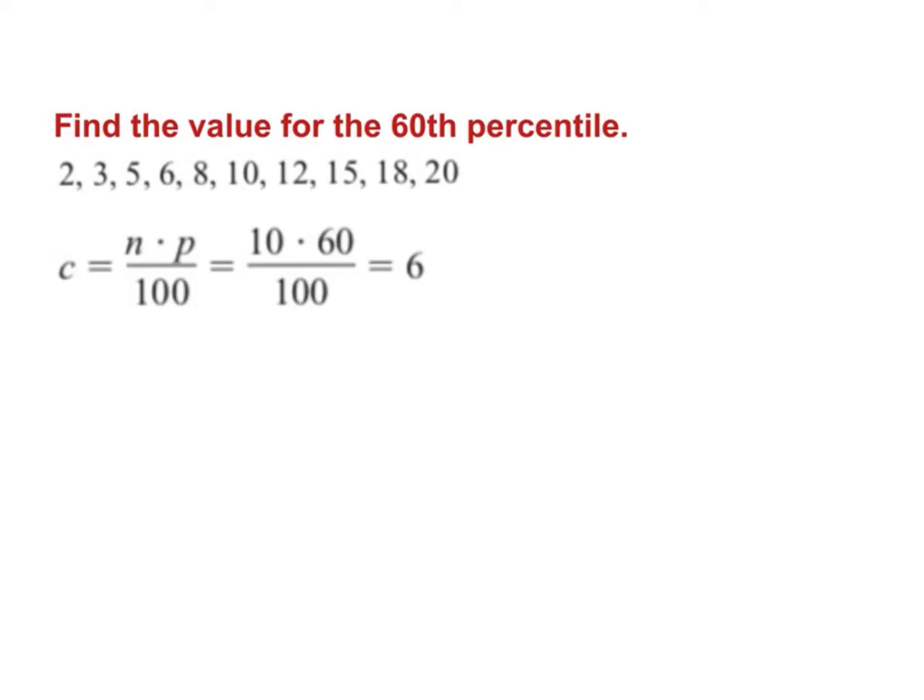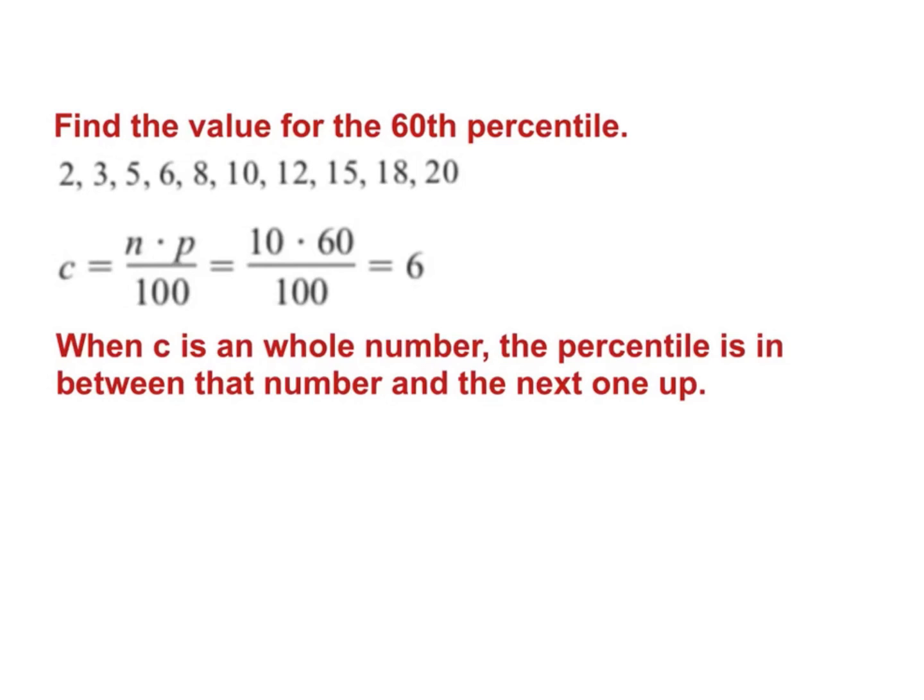Now, your instinct is going to be to pick the 6th value, and that would be wrong. This is the exception. When it comes out to be a whole number, the percentile is between that number and the next one up, meaning it's between the 6th and 7th, in this case.